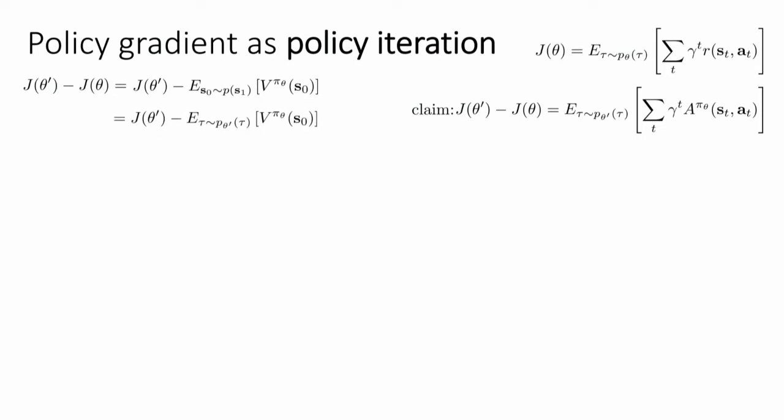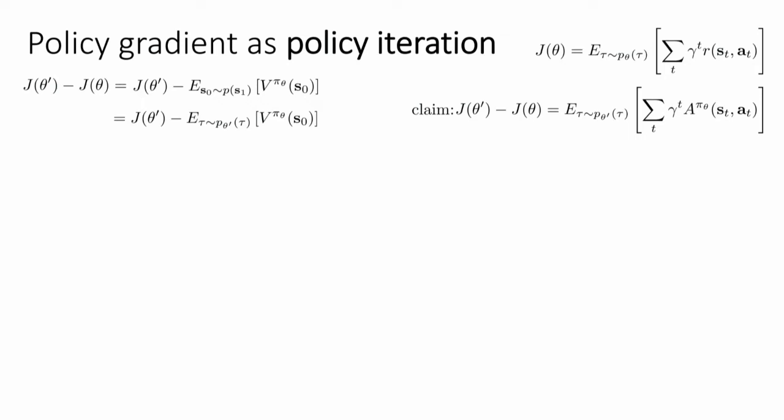Now, of course, an expectation with respect to S0 can be equivalently written as an expectation with respect to any trajectory distribution, because any trajectory distribution for any policy has P of S0 as its initial state marginal. So I can change that first line to write the expectation with respect to the trajectory distribution for any policy, and the one that I will choose is the trajectory distribution for theta prime.